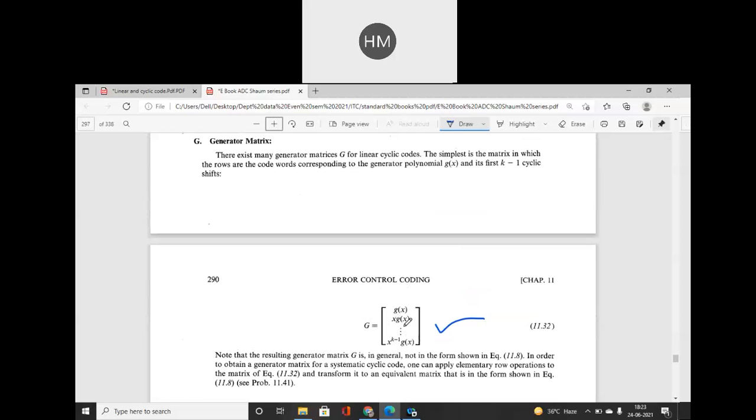It is not in that form only. It has a different form, but this generator matrix is valid for linear cyclic codes. In order to obtain a generator matrix for a systematic cyclic code, we can apply elementary row operations to this matrix.